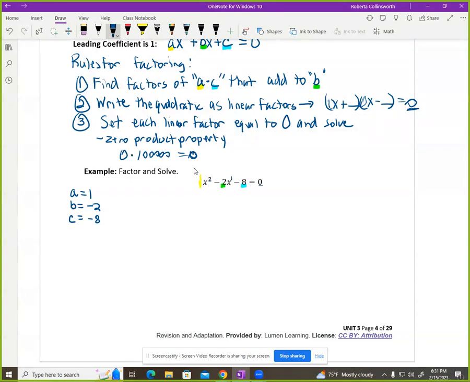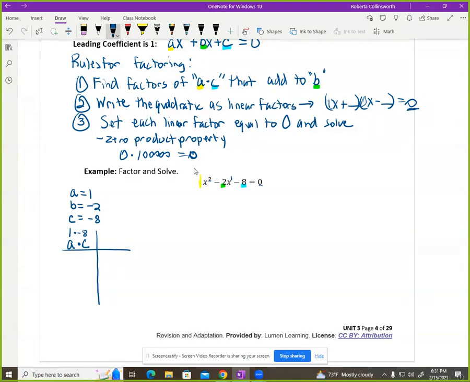So now I'm going to follow these rules. It says find the factors of a times c. So let me write a times c. What is a times c? A is 1 times negative 8. 1 times negative 8 is negative 8, right?